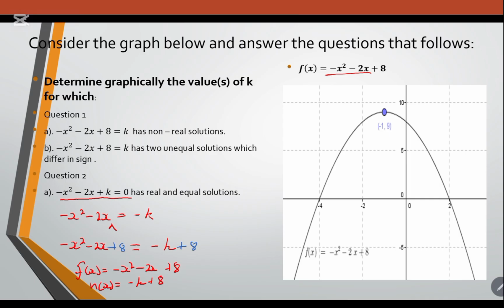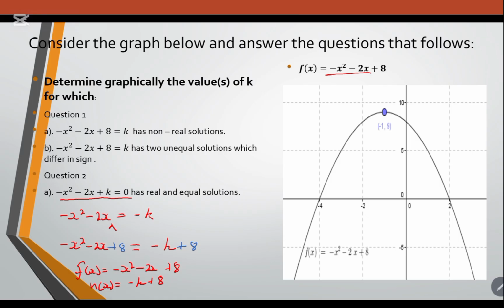Remember, k is a number, so the whole of h of x is a constant, a horizontal line. We are looking for the point of intersection of the graph of h of x and the graph of f of x.